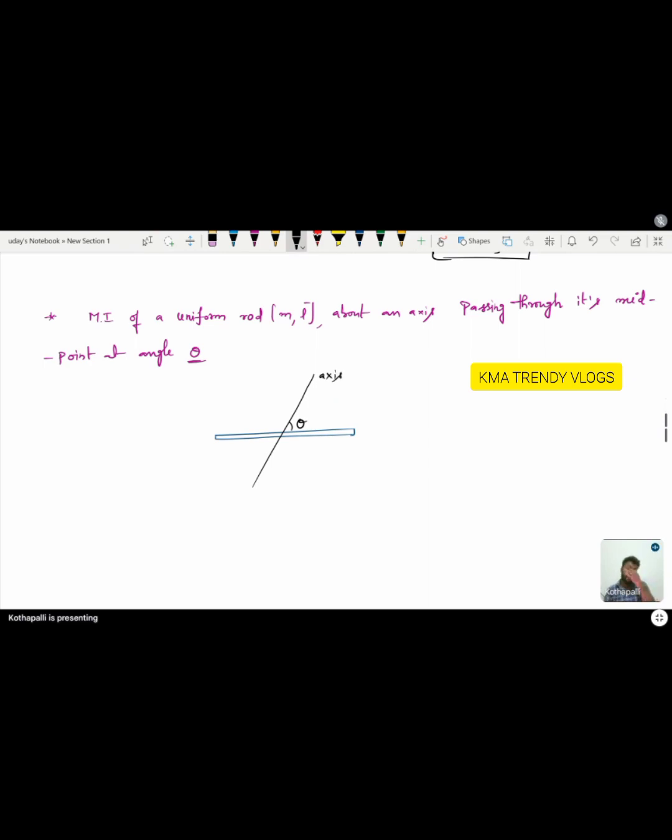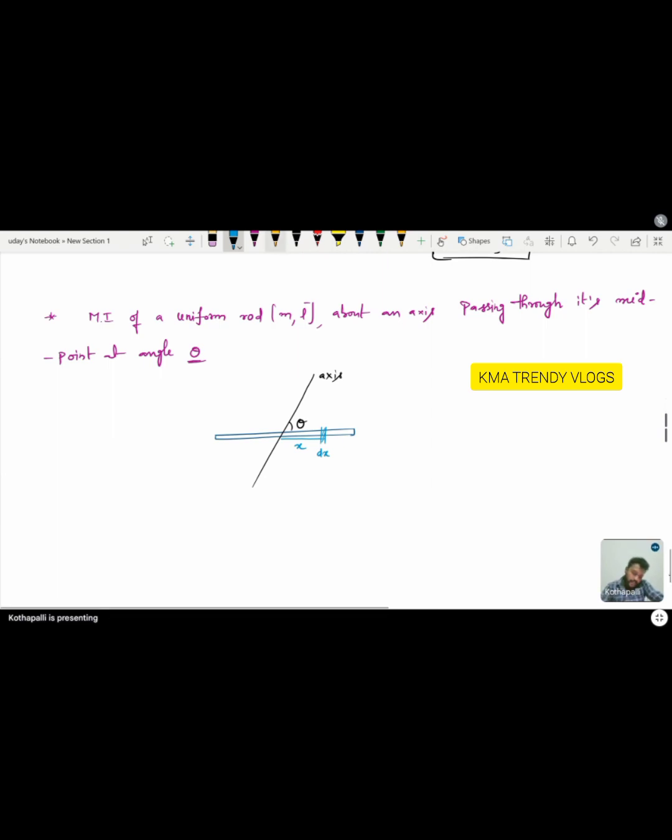The same logic will apply. We'll take a point mass at any x distance from the axis of rotation. We'll calculate the dm value, and from that we'll calculate the value of r perpendicular, and under integration dm into r perpendicular square will apply. See how it will be. From this axis of rotation at x distance, let's take a small length dx, in which dm mass is present.